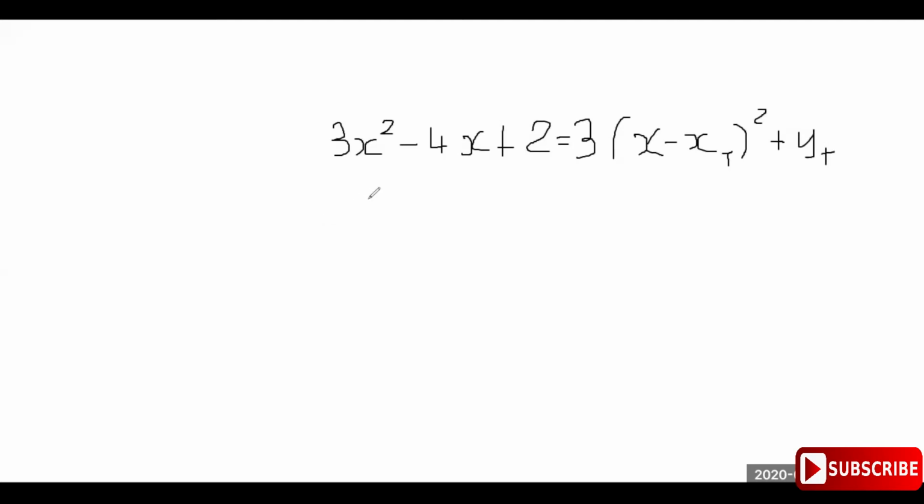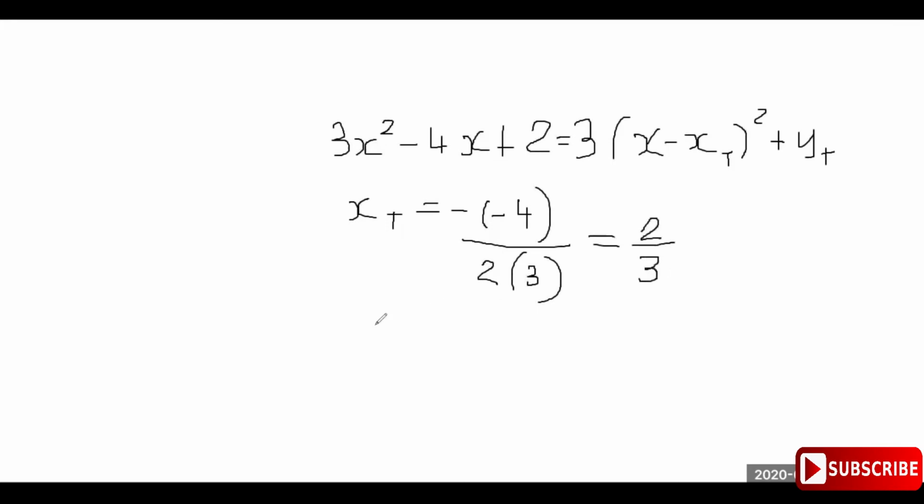And so we find xt, and xt is going to be equal to minus b over 2a, which is minus negative 4 over 2 times 3, and 2 times 3 is 6, and 4 over 6 is 2 over 3.